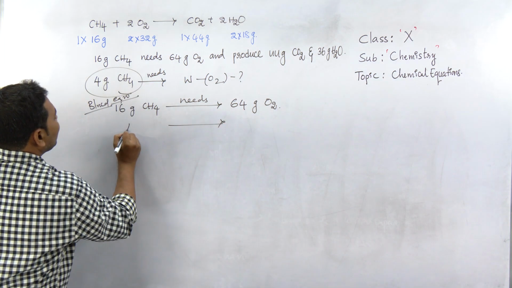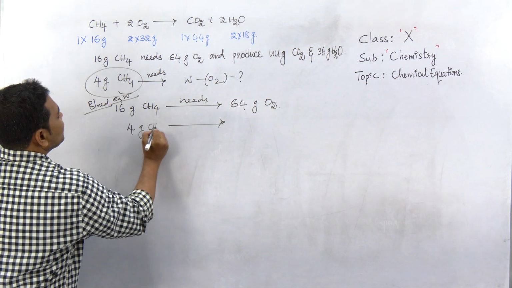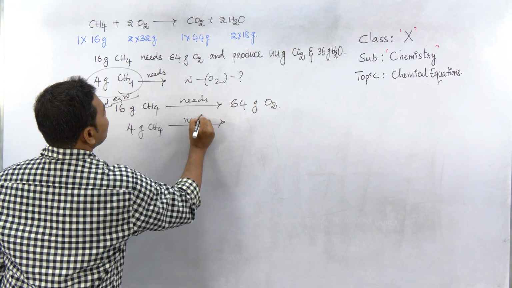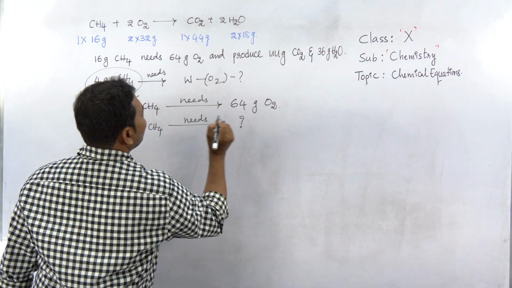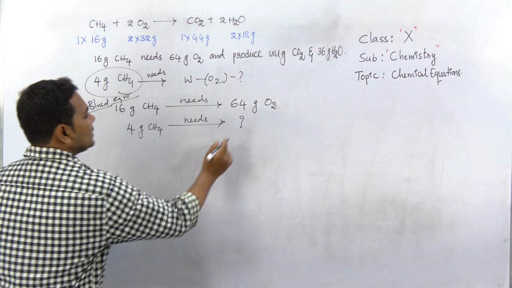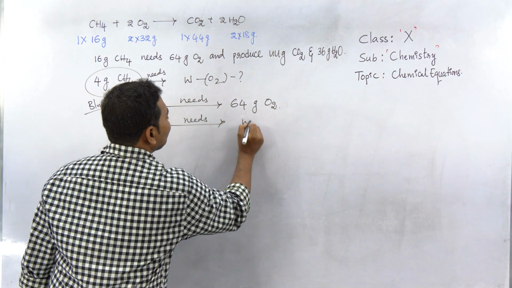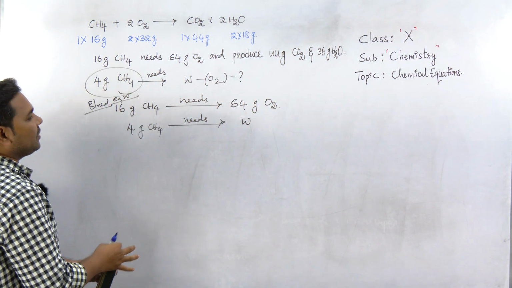Then we are given 4 grams. 4 grams of CH4 needs what weight of oxygen? Let's say this is weight W, and this W we need to find out.